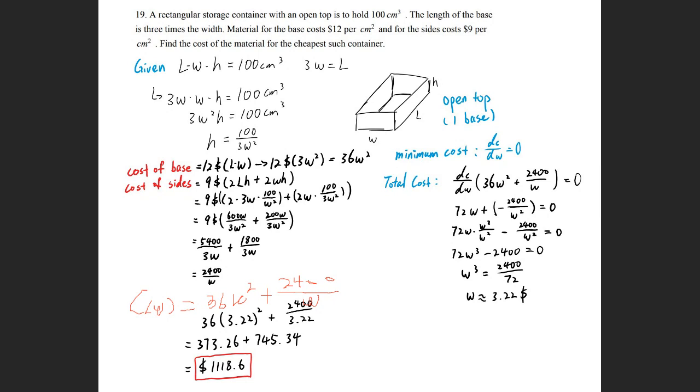That's why Ray has to figure out the cost of the base and the cost of the sides, then add them together to make a cost function. If we want to minimize, then we take a derivative of the function and set it to 0. All right, anybody has any questions? Okay, good job, Ray. Thank you. All right, thank you.